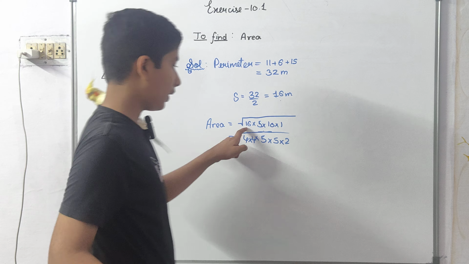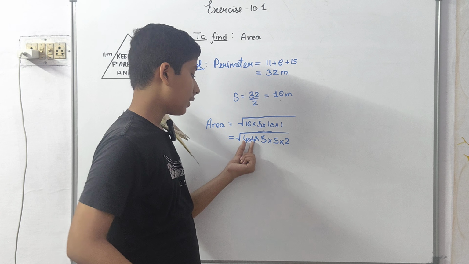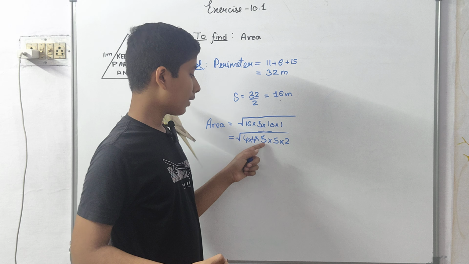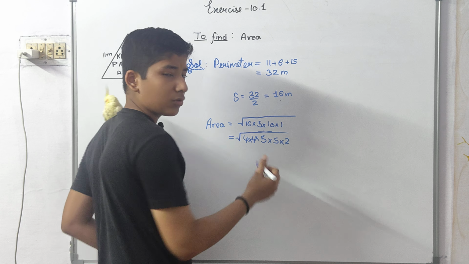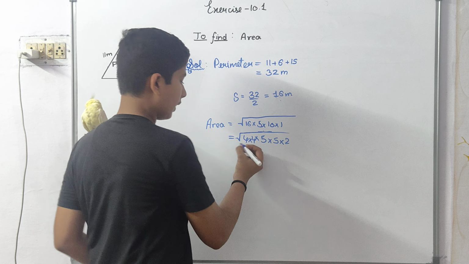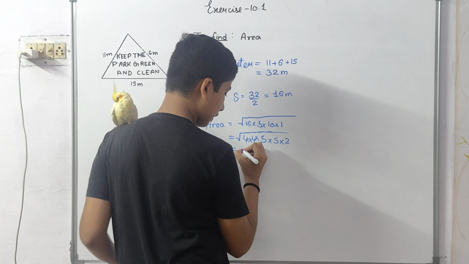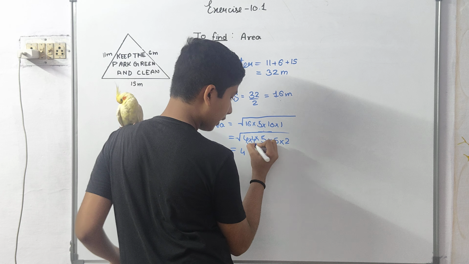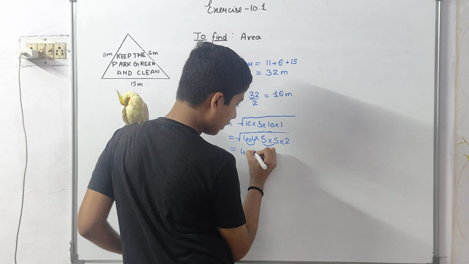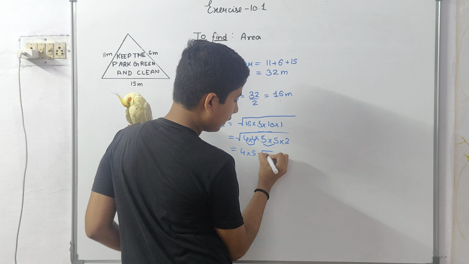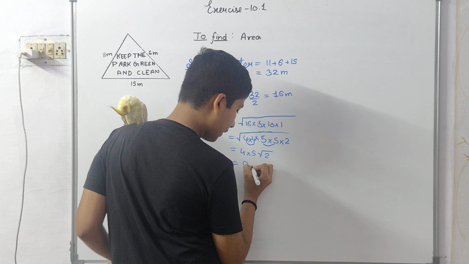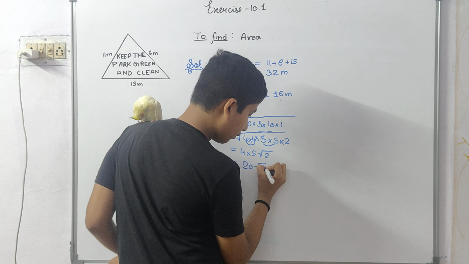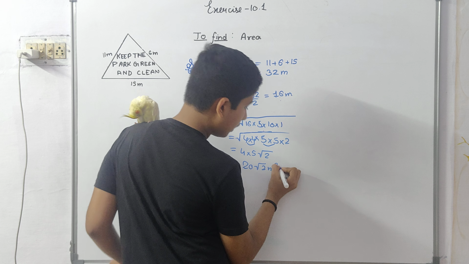See, 16 can be written as 4 into 4, 5 can be written as it is, 10 can be written as 5 into 2, and there is no meaning of writing 1. Therefore, 4 will come outside, 5 will come outside, and root 2 will remain inside, which will be 5 fours, 20 root 2 meter square.